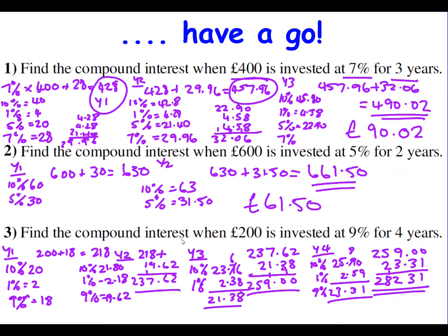So the amount of compound interest is £82.31.